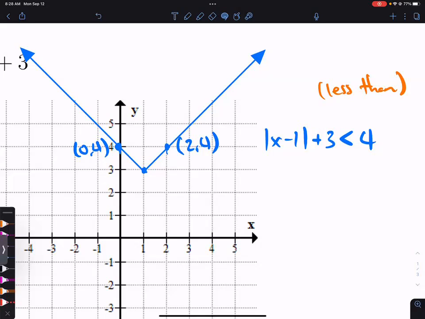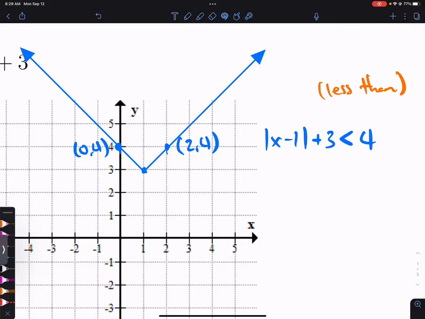Okay, so everything between 0 and 2, well, what do we want to do with the endpoints? Keep them or not? Not, right? So how do we do that? Everything between 0 and 2, not including the endpoints. So one of the two, right? Square brackets or parentheses? Parentheses because we want to be open at the ends, right? Close to, but not including, because what happens at 0 is that they're equal.